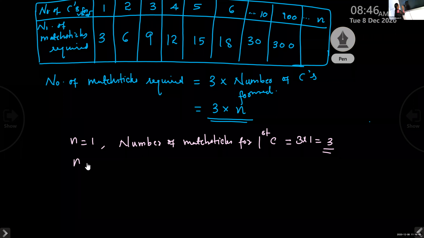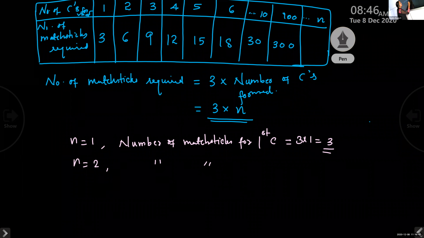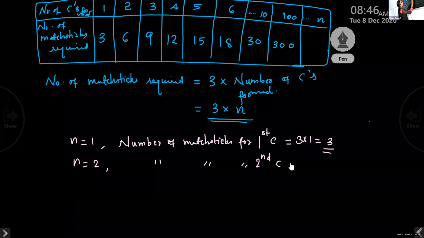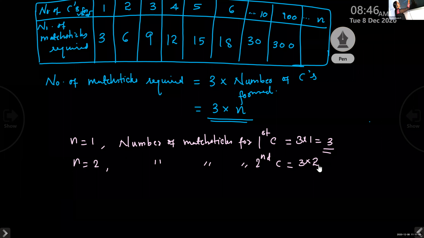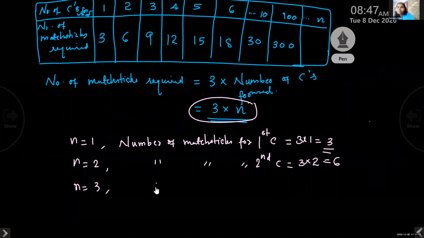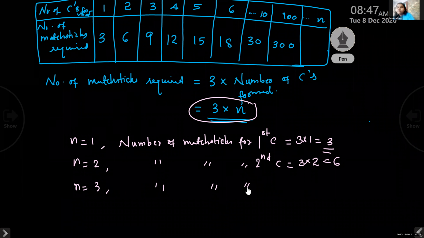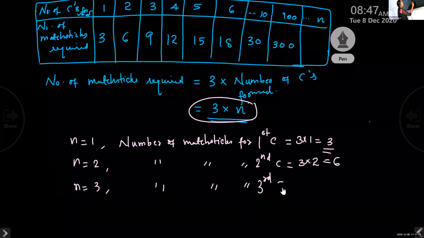Then if n equals 2, the number of matchsticks for the second C is 3 into 2. Actually it is like this: 3 into n, instead of n you give 2. 3 into 2 equals 6. Clear? Then if n equals 3, the number of matchsticks for the third C equals 3 into 3 equals 9.